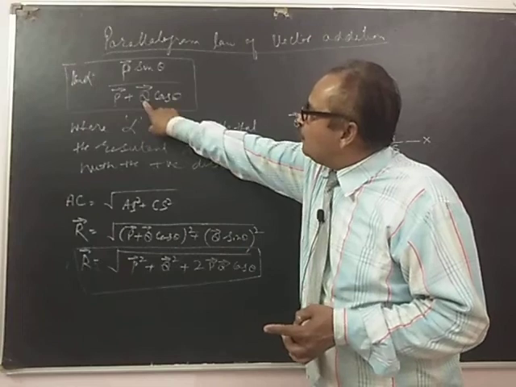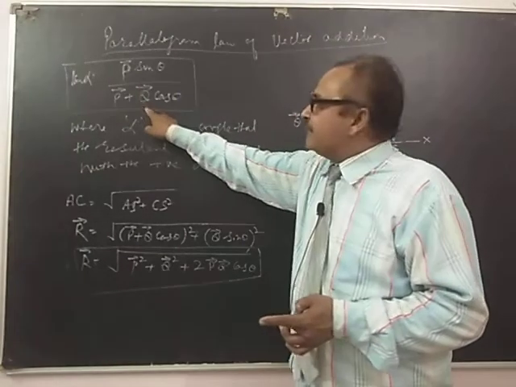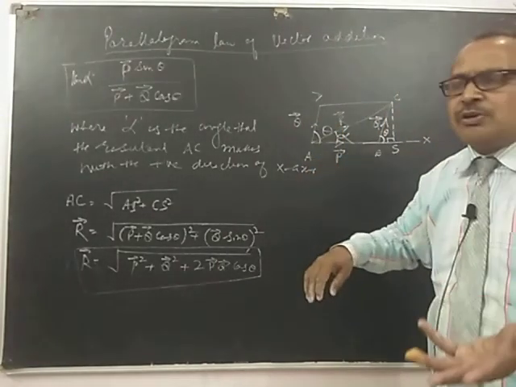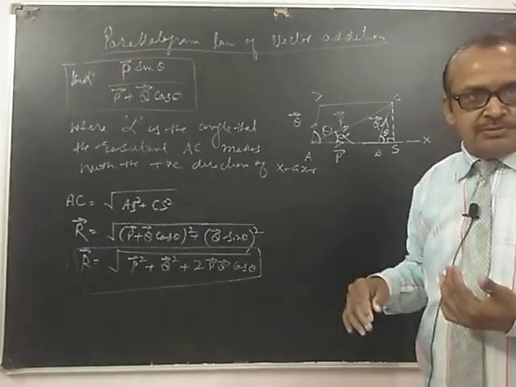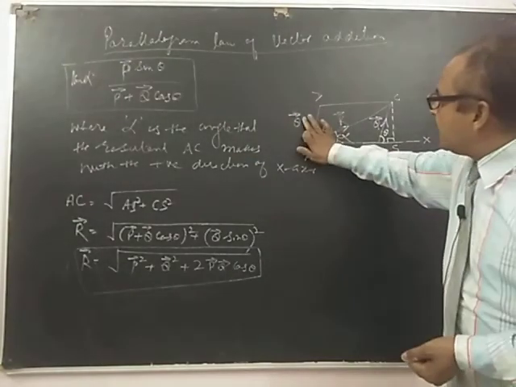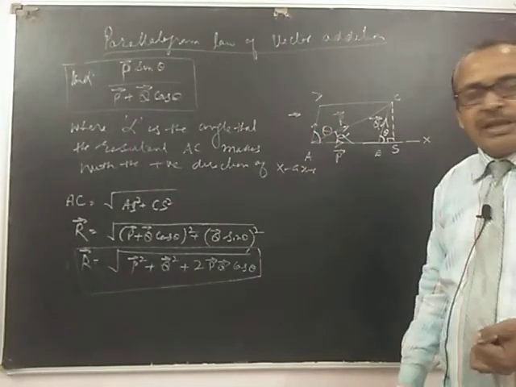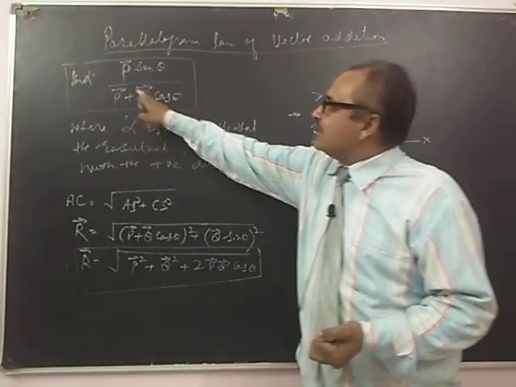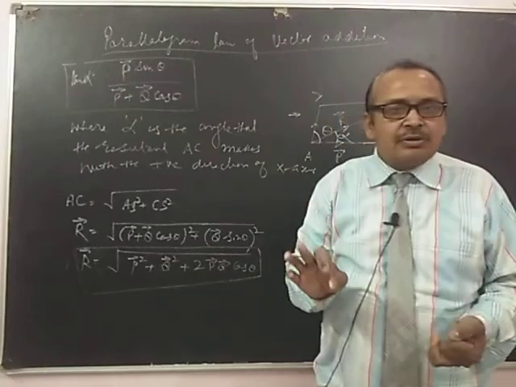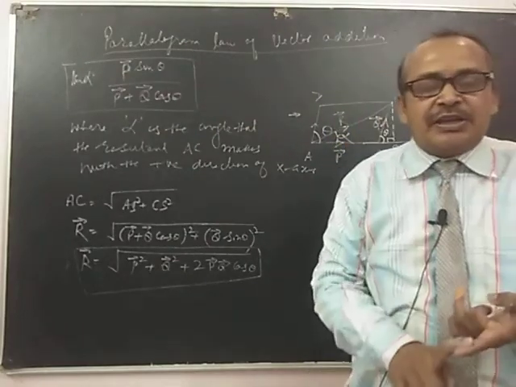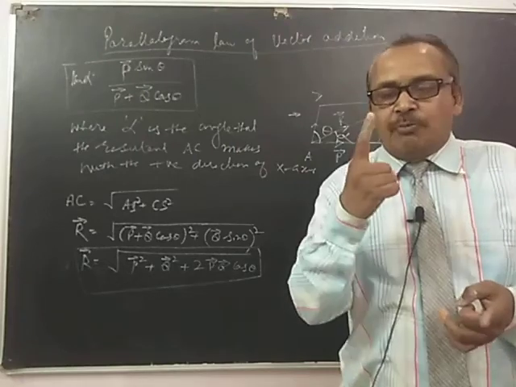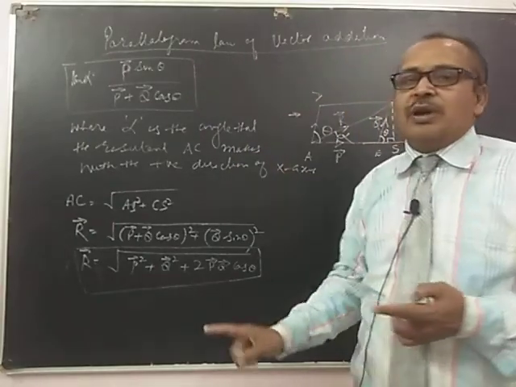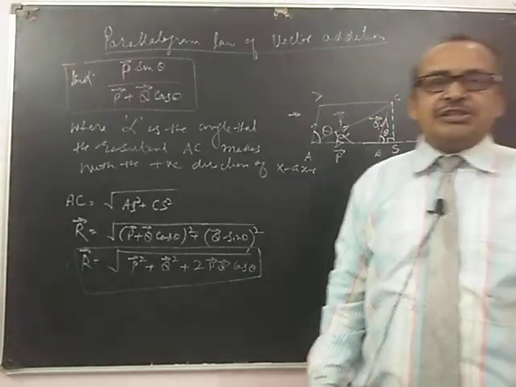If, by your convention, you take this as P and you take this as Q, then here you will get P and there you will get Q. Any doubt? So these types of clarifications you have to keep in mind. My first vector will be along X, the second will be along Y, and accordingly this is the formula and concept. I hope I was able to reach each and everyone.